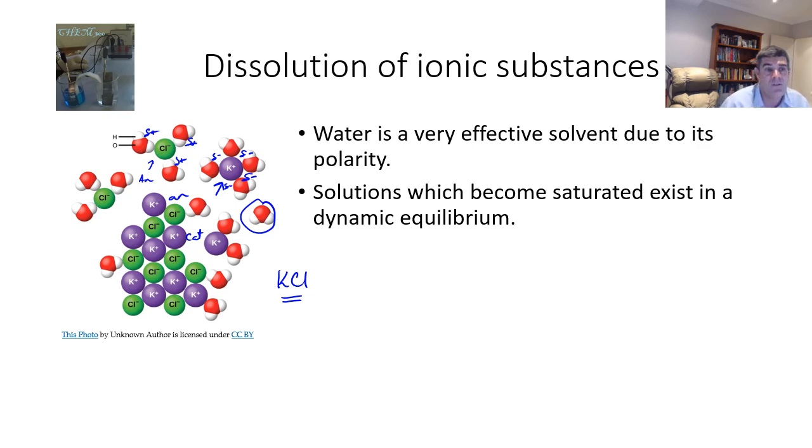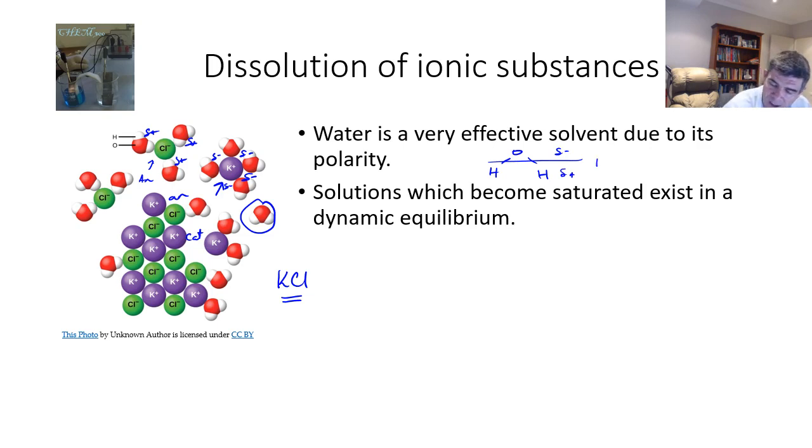Water's effect as a solvent is a result of its polarity. So we know that the water molecule is a bent molecule, and there is a polarity created by a slightly negative charge due to the high electronegativity of the oxygen in comparison with the hydrogens, and therefore a slight positivity in the region of where the hydrogens are.